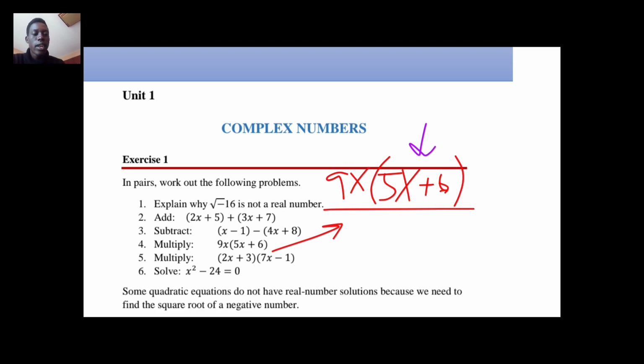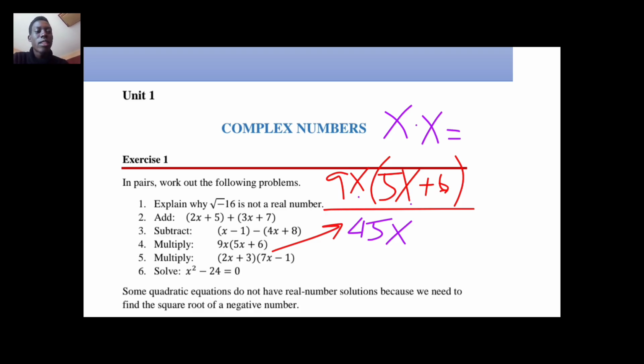So there you are going to have 9x times 5, it is going to give you 45x.